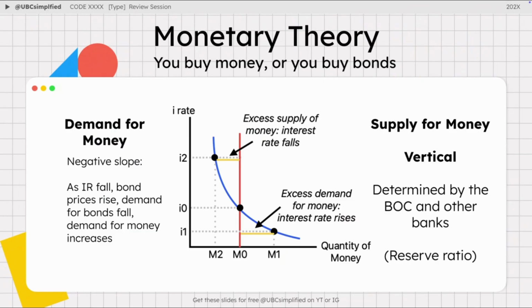Now money looks cheaper, you want to buy money. And then supply for money is vertical because it's just set by the banks. It's basically what their reserve ratios are, how much they're willing to loan out. So it's different for the Bank of Canada and other banks as well.